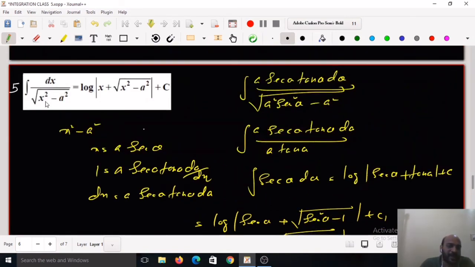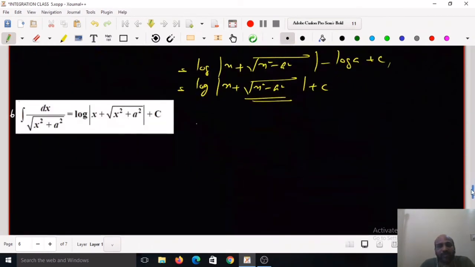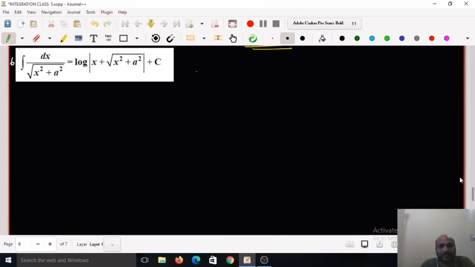Integration of dx by root of x square minus a square is log mod x plus the denominator. Same way we can prove the sixth result. So here it is x square plus a square. So you have to give the substitution as x equal to a tan theta.